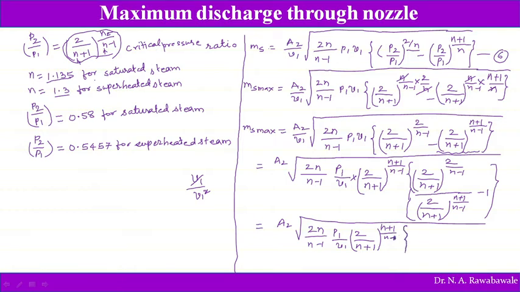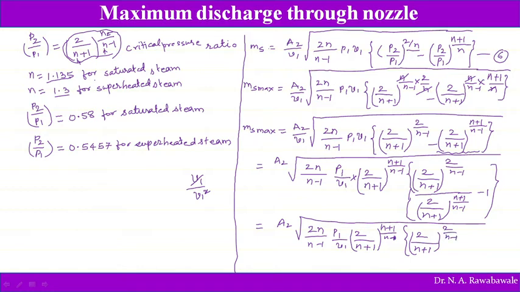So here what we can do is, this term which is in the denominator is transferred into the numerator. When we transfer it into the numerator, the power sign will change, it will become negative. So bases are the same, indices can be added. Directly we can write it as (2/(n+1)) to the power of 2/(n-1).